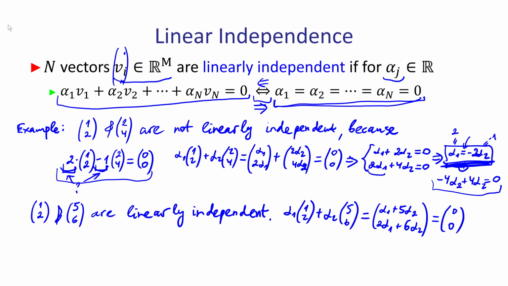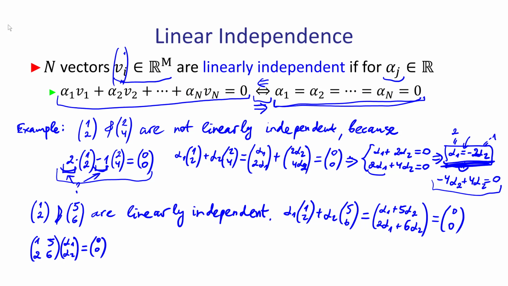So this is the system of equations that I'm solving here. It's the matrix [1, 5; 2, 6] multiplied by (alpha 1, alpha 2) equals (0, 0).